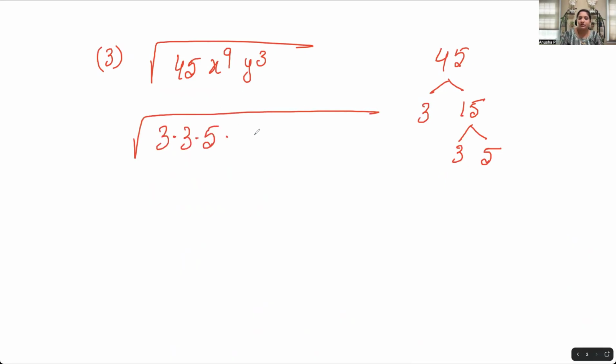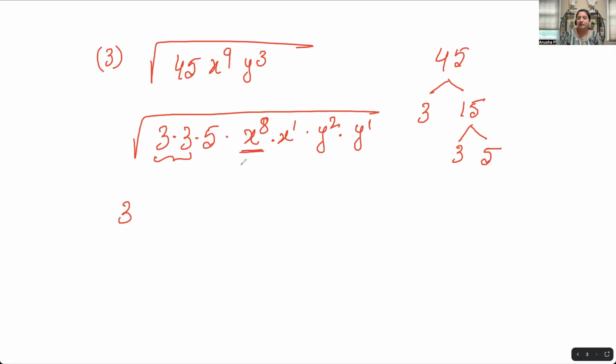X to the power of 9 we can write as x to the power of 8 plus 1, x to the power of 1. Y to the power of 3 is y to the power of 2 and y to the power of 1. Again, if we have two threes, we can write one 3, since the square root of 9 is 3.